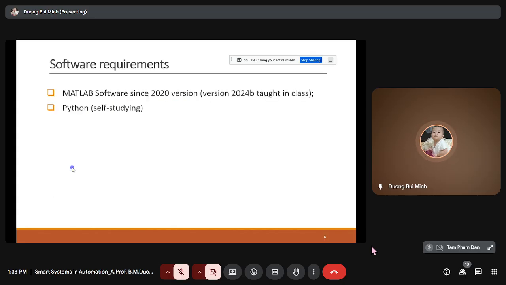Software requirement: MATLAB software. The 2020 version is possible, but I suggest you install 2024B. So maybe you need to upgrade your laptop performance, upgrade your RAM, upgrade your hard disk. Try to install MATLAB 2024B or at least 2024A.